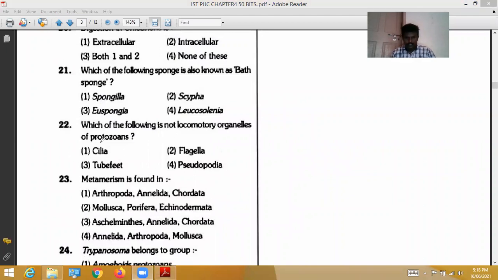Next question is 22. Which of the following is not a locomotory organelle of protozoans?